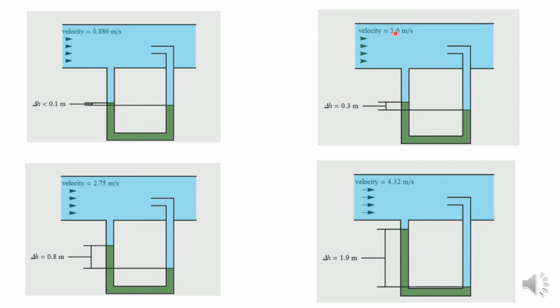Similarly, when velocity increases from 0.886 to 4.32, the pressure head also increases from 0.1 meter to 1.9 meter. So putting these values in the previous equation, we can calculate the velocity of the flowing fluid.